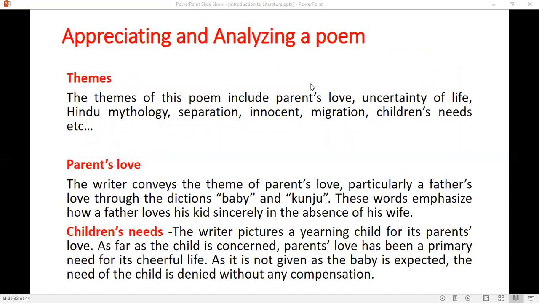Appreciating and analyzing a poem, we are analyzing the poem that we read earlier. Themes.